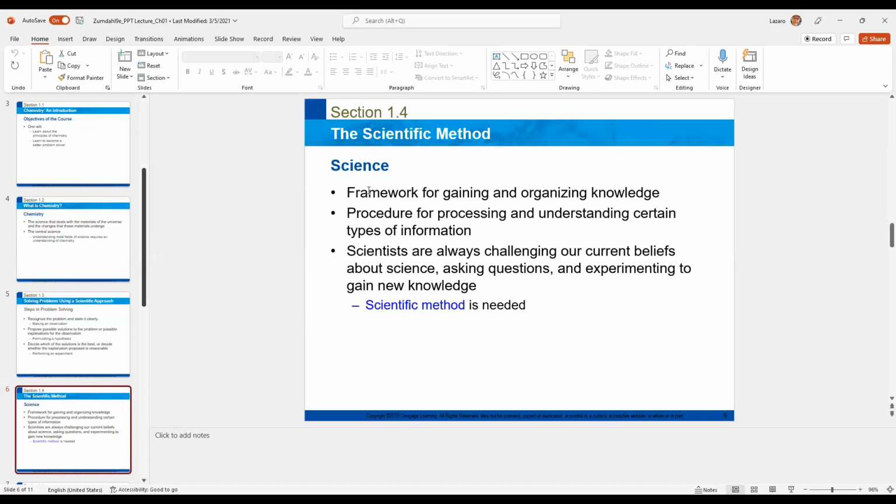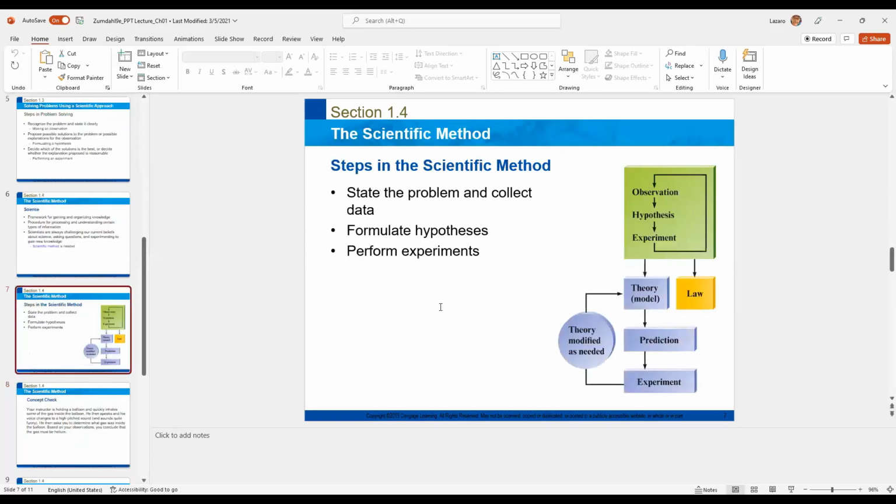Scientists are always challenging our current beliefs about science, asking questions, experimenting and gaining new knowledge. And all this is what we call the scientific method. It is the method that we use in order to solve problems in sciences.